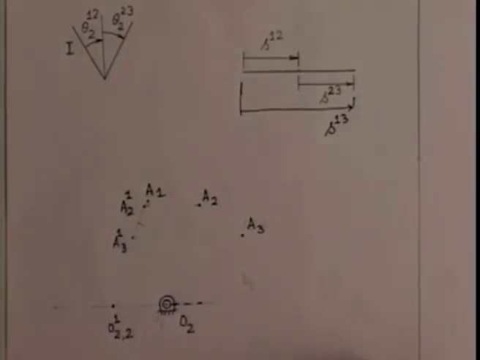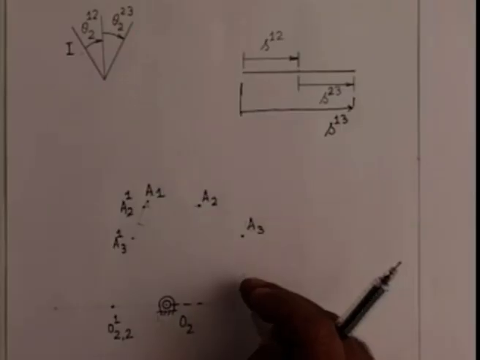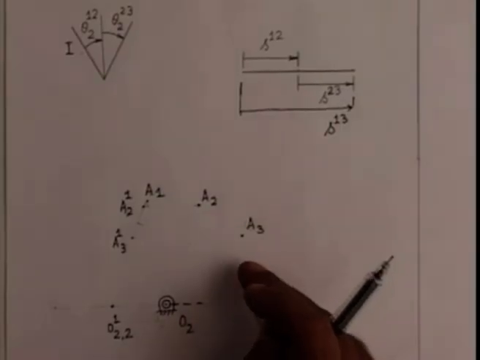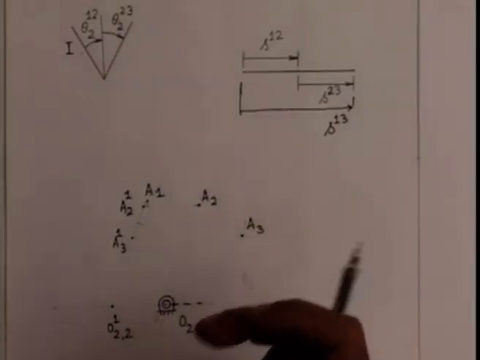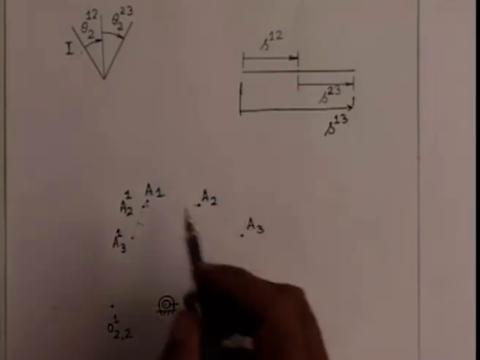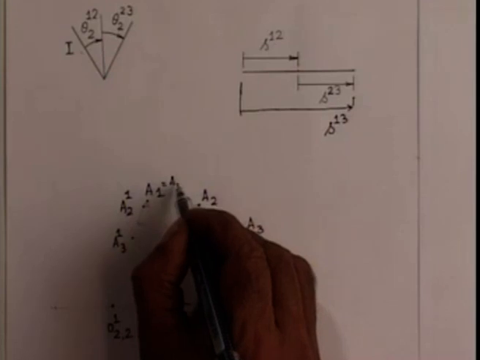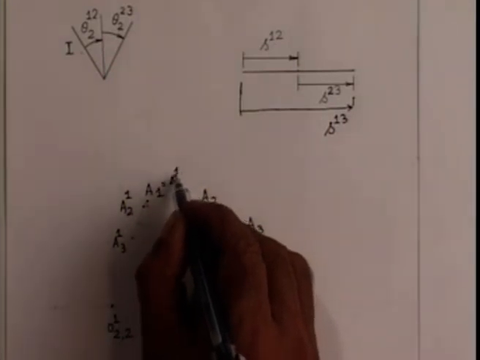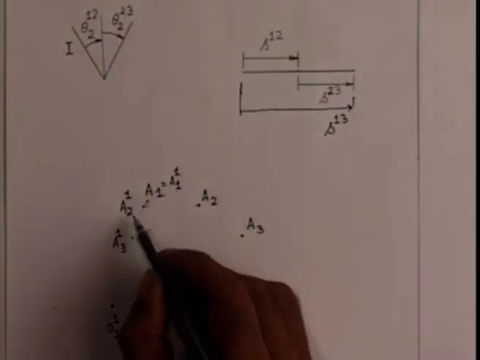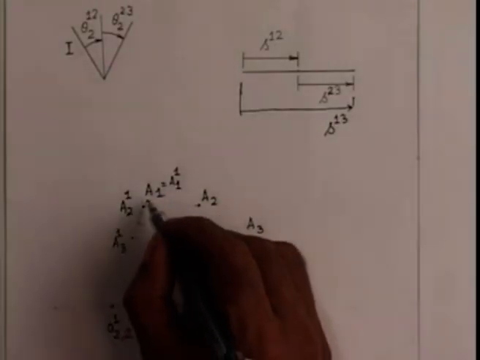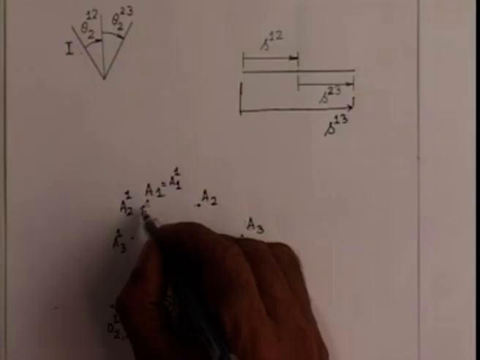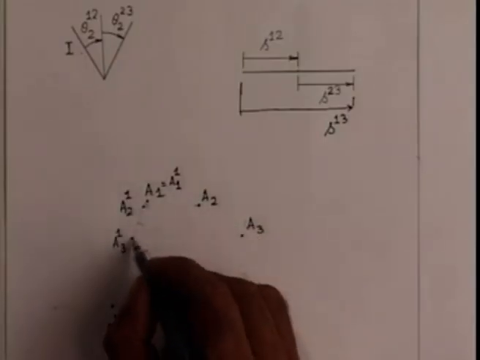So holding the slider fixed at the first configuration B1, because the connecting rod is a rigid member, the length AB remains fixed. So A1, which is nothing but A11, A21 and A31. So we have got 3 points here, A11, here A21 and here A31.